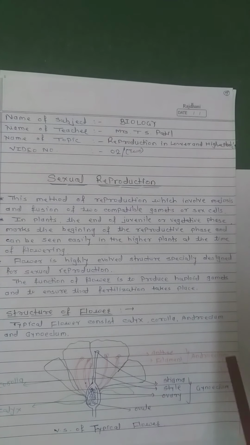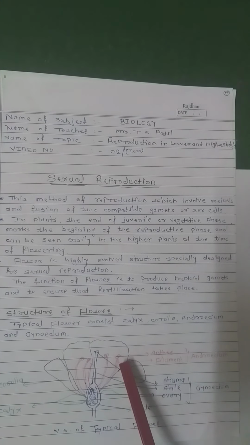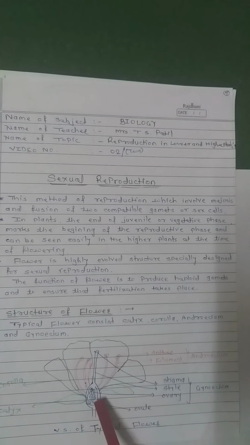Third part is androecium. It is made up of anther and filaments. It produces pollen grains, that is haploid male gametophyte. Next part is gynoecium. It is made up of stigma, style and ovary.